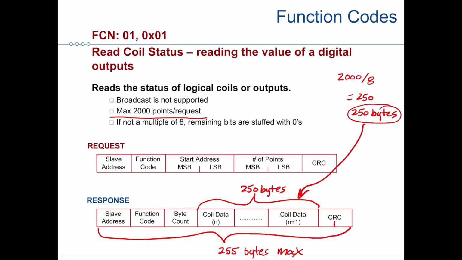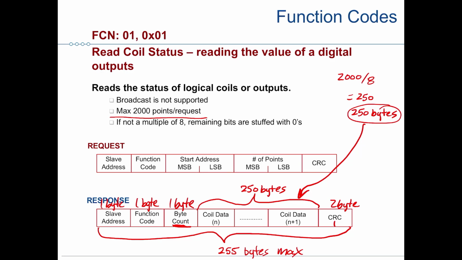We know we have a 2 byte CRC here. We know we have a 1 byte address, a 1 byte function code, and in this case a 1 byte count. And what would the byte count be if we had 250 bytes? It would be exactly that, indicating there were 250 bytes of data to follow.